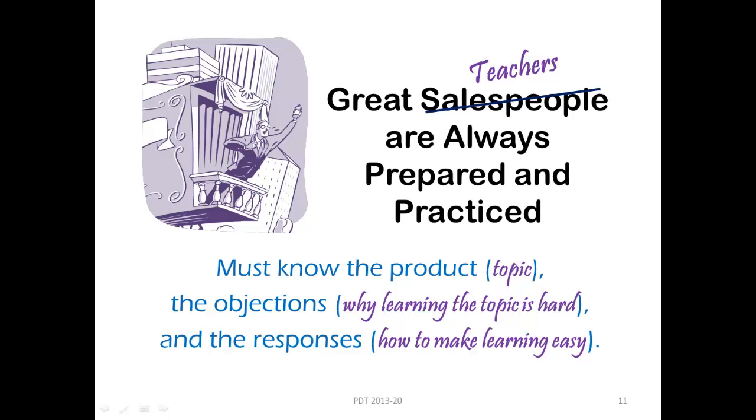In much the same way, teachers need to understand where learning the topic is difficult, the objection, and then try to find a way to overcome or diminish that difficulty. To take these steps, teachers must first go into what I call "student mode." They have to forget they already know the topic and instead approach it with fresh eyes, as if they were a student first trying to learn it. What doesn't initially make sense?